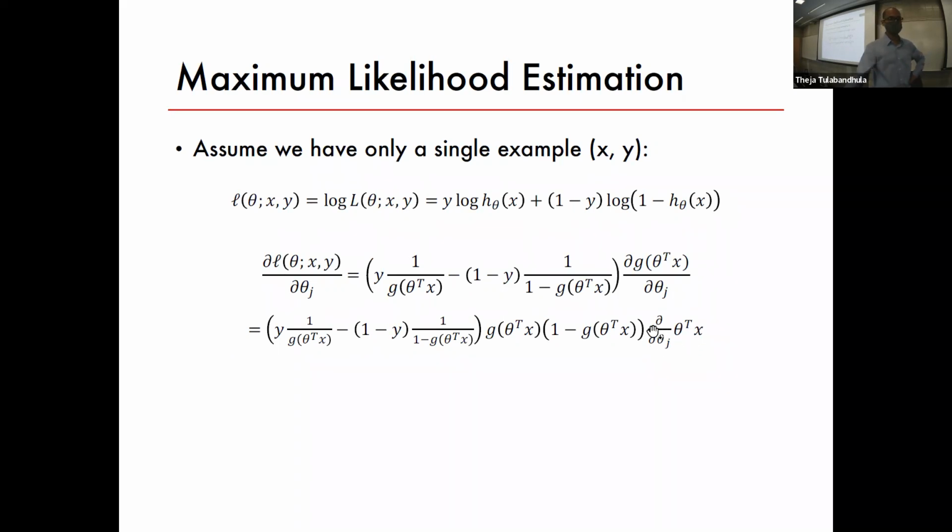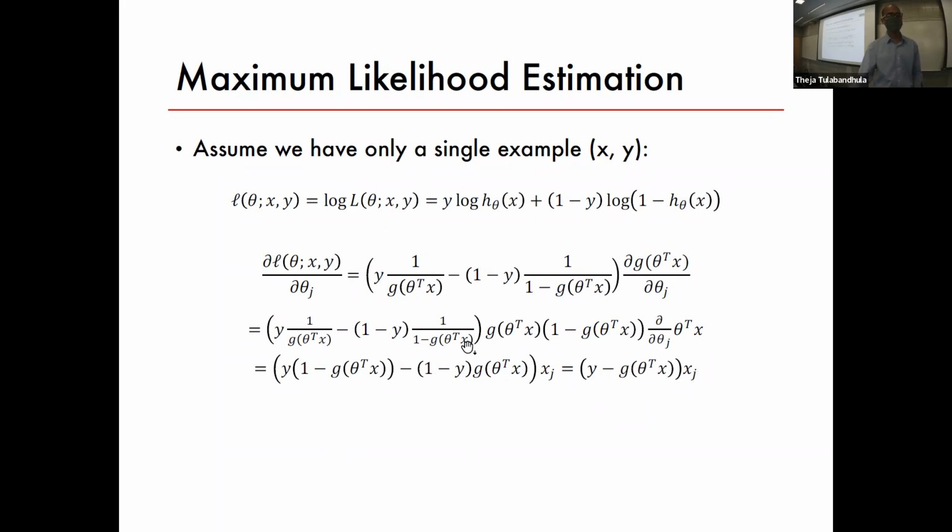So that's great. Now a lot of things simplify. You can see that there is a g of theta transpose x here, getting multiplied. Similarly, there's a 1 minus g of theta transpose x in the denominator and also in the numerator. So if you multiply all of them, you get a term like y times something minus 1 minus y times something else. If you open up the brackets and multiply, you get the partial derivative in a given coordinate to be y minus g of theta transpose x, the whole times xj.